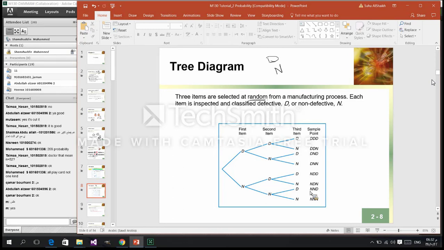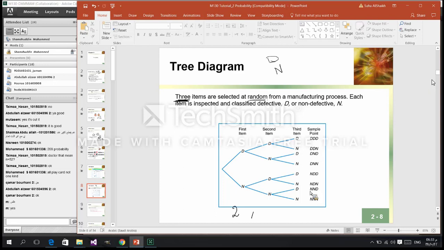So I'm choosing 3 items, so I'm doing this three times. The tree representation for this experiment, as you can see here: the first item is going to be defective or non-defective. And the second time when I choose an item again, it's going to be defective or non-defective, whether the first was defective or not. In the third item, I will have again defective or non-defective.